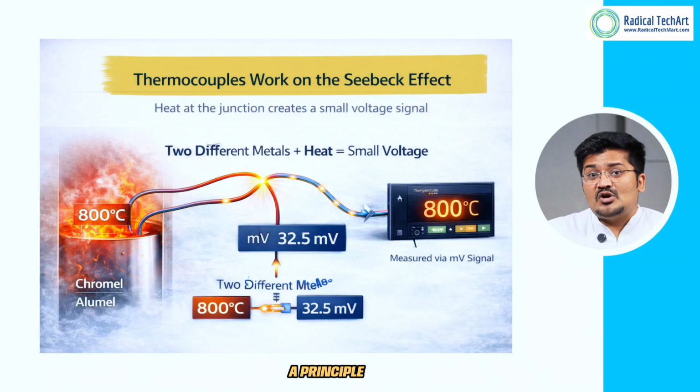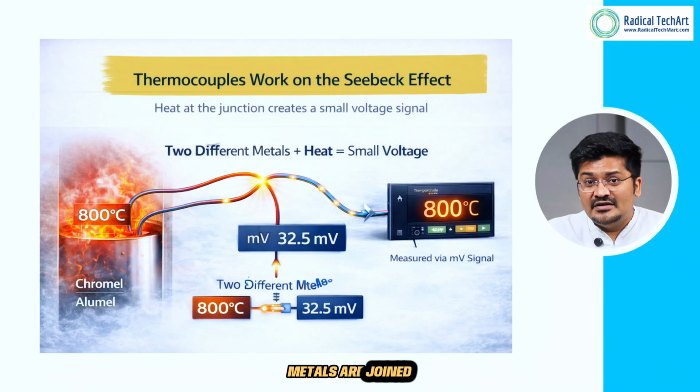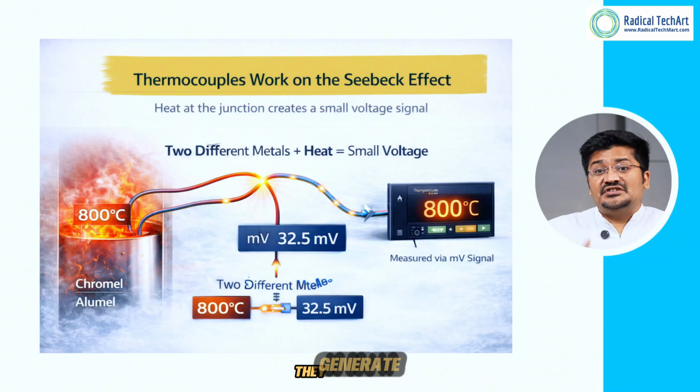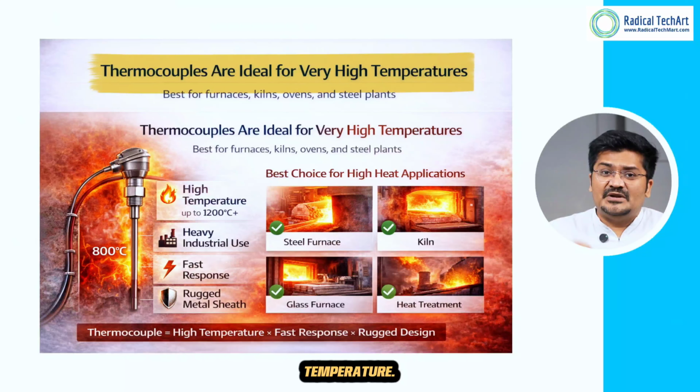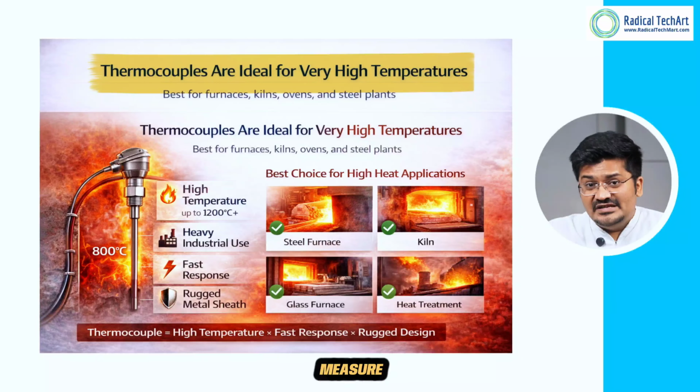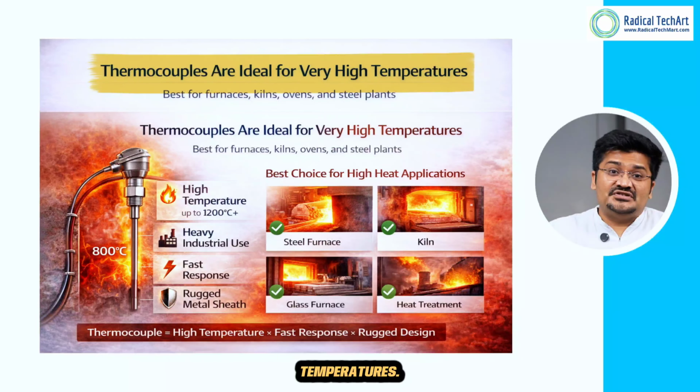Thermocouples are another type of temperature sensor. They work based on a principle called the Seebeck effect. When two different metals are joined and heated, they generate a small voltage. This voltage changes with temperature. Thermocouples can measure very high temperatures.